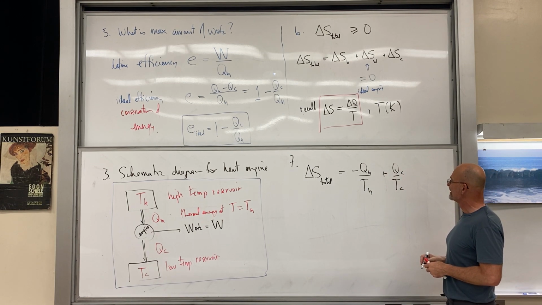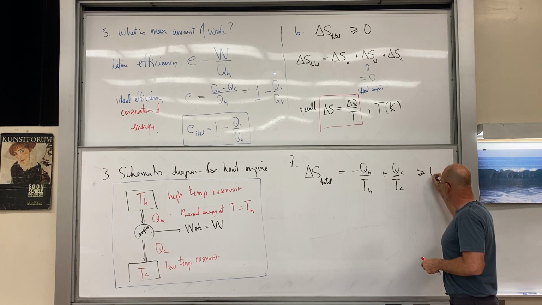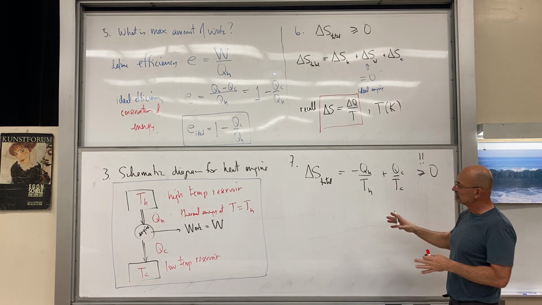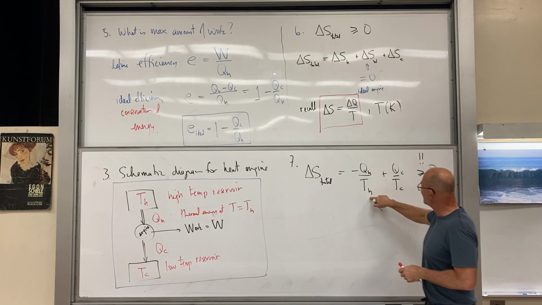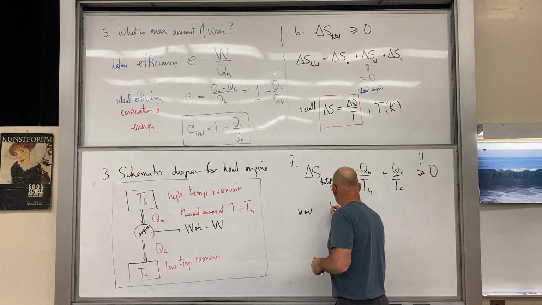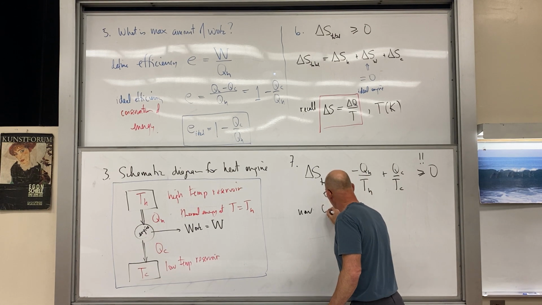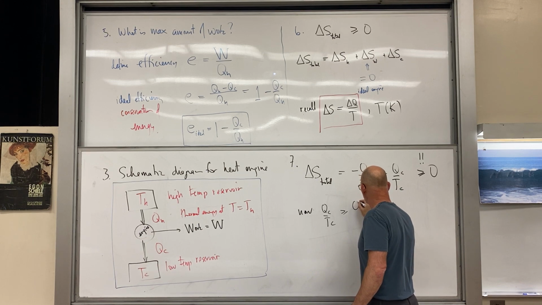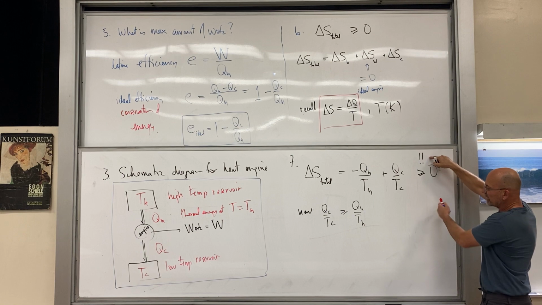Now we're just going to say that's greater than or equal to 0. That's the law of nature, energy flowing from hot to cold. So we take this inequality, and now we have QC over TC is greater than or equal to QH over TH. That's just the inequality I have right here.